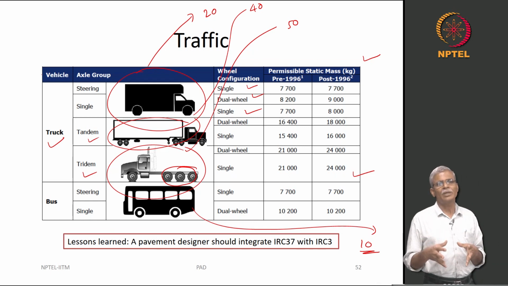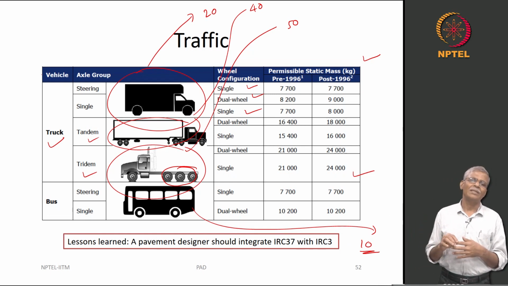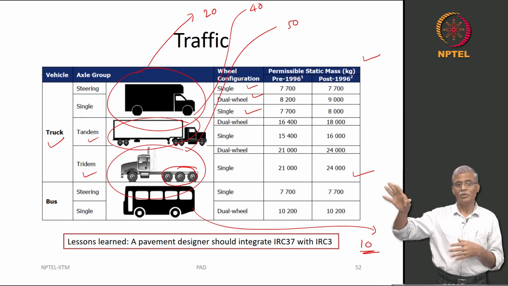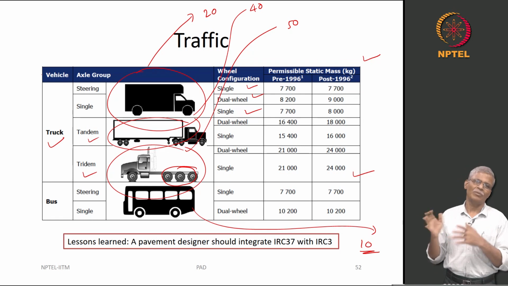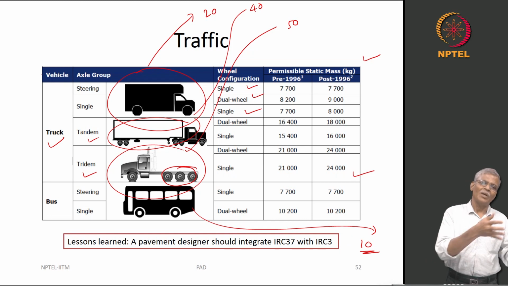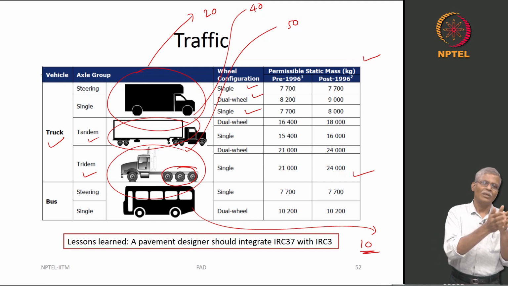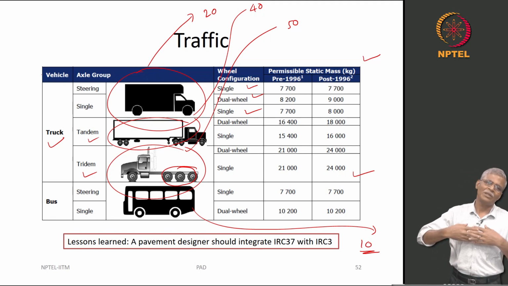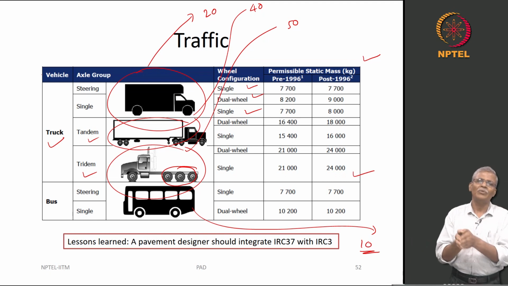If this simple truck is applied on one existing pavement, and let us say to the point of damage, whatever that damage be, let us say if it takes 50 into 10 power 6 repetitions, and let us say we are going to have only some portion of it, then we estimate that okay, it is going to have remaining 80% or 70%. Then we take the next one tandem, apply the required repetitions, and whatever is the remaining life is there, that we are going to do.